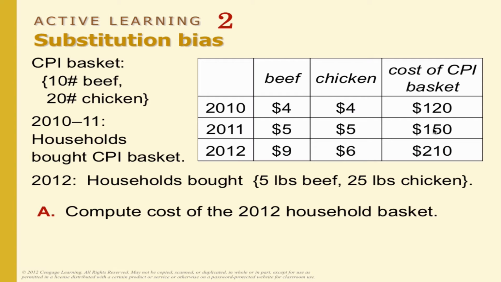So in 2011 and 2010, people bought this basket as determined by the CPI. In 2012, reality hit, and they made up their own basket and bought in different quantities. So what you need to do now is calculate what they actually spent, calculate what CPI thought they spent, and what's the real difference? What's the overstatement of inflation?